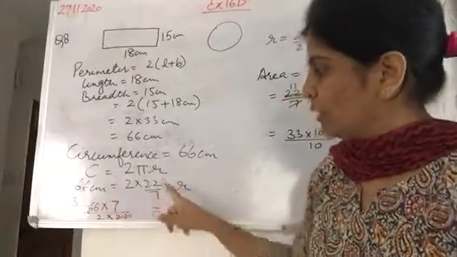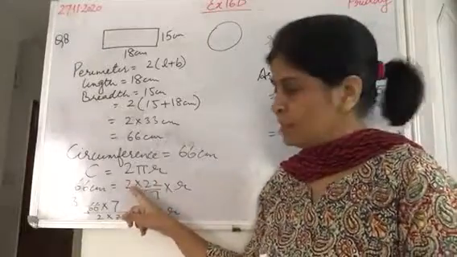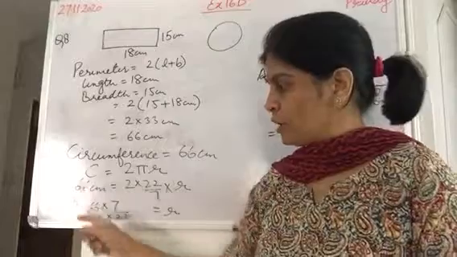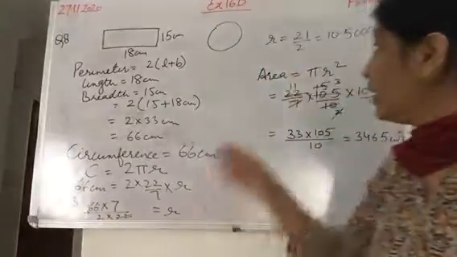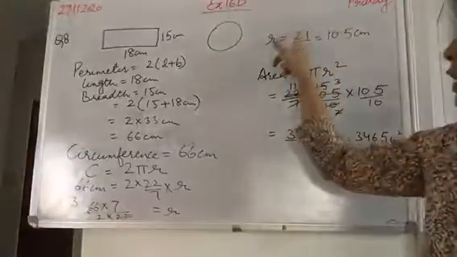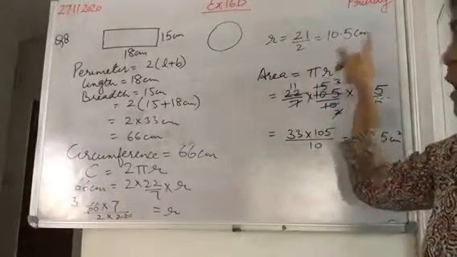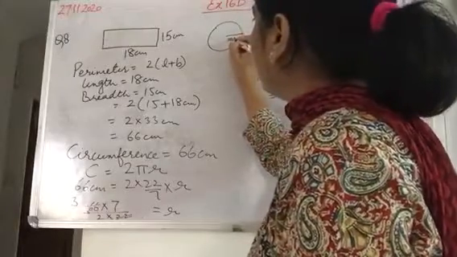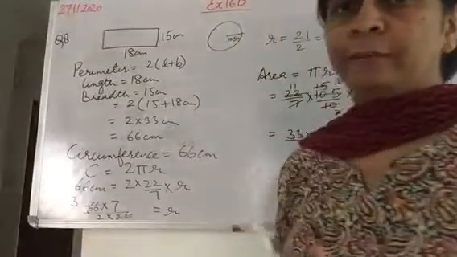Do the cross multiplication: these two are multiplied, send it to that side, divide. This 7 is in divide, send it to that side, it will be multiplied. So the radius will be 7 3s are 21 by 2. So 21 by 2 is 10.5. So this radius will be 10.5 centimeter.